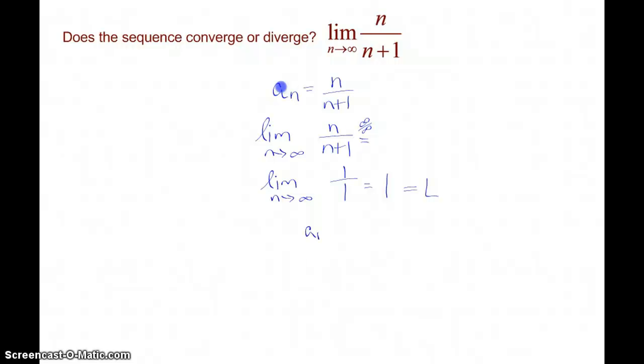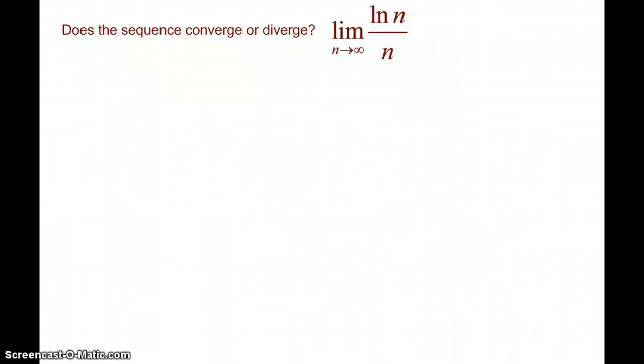This says a sub n, which is n plus the n over the quantity n plus 1, converges, and specifically converges to 1. As n tends toward infinity, the value of those terms gets really, really close to 1 and stays there. So that is a convergent sequence.